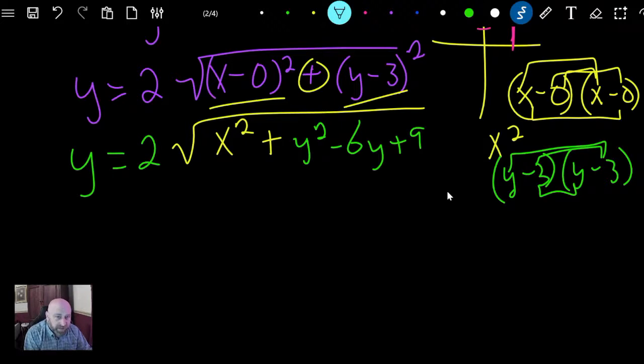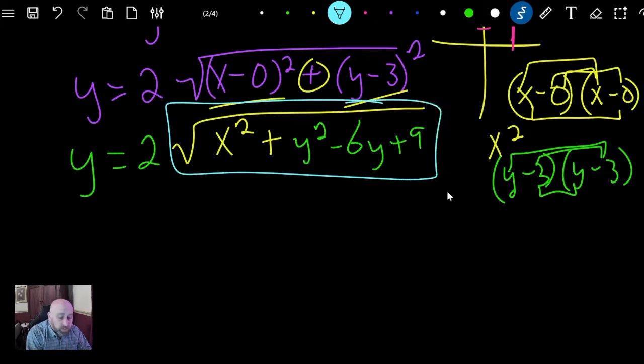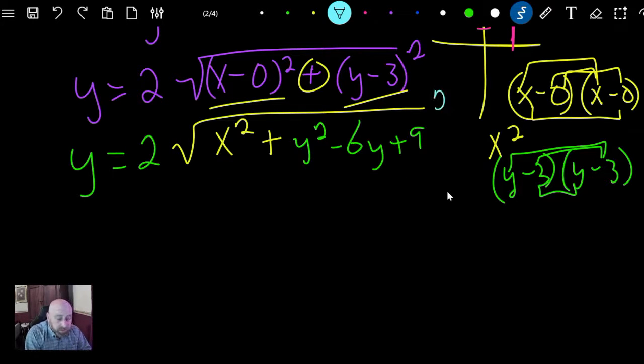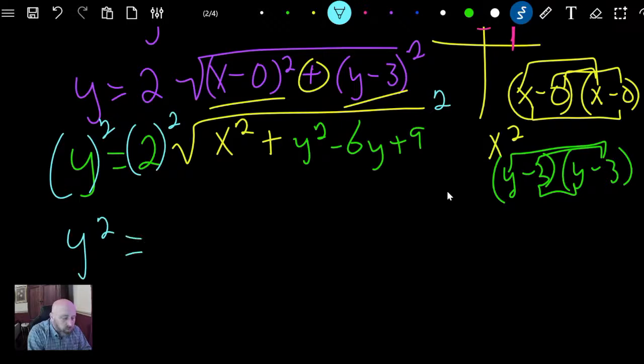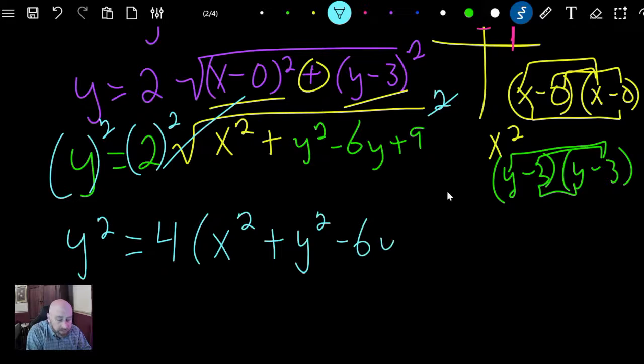To simplify this out, we need to get rid of this square root sign. So let's square every term here to get rid of the square root sign. That'll give us y squared equals 4. The square root's going to cancel that, and we're going to get times x squared plus y squared minus 6y plus 9.